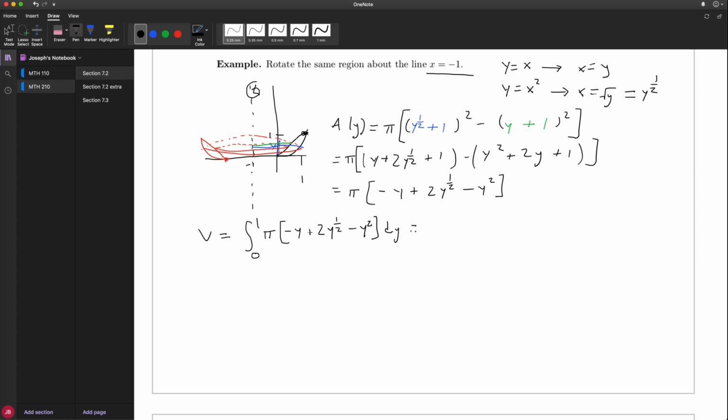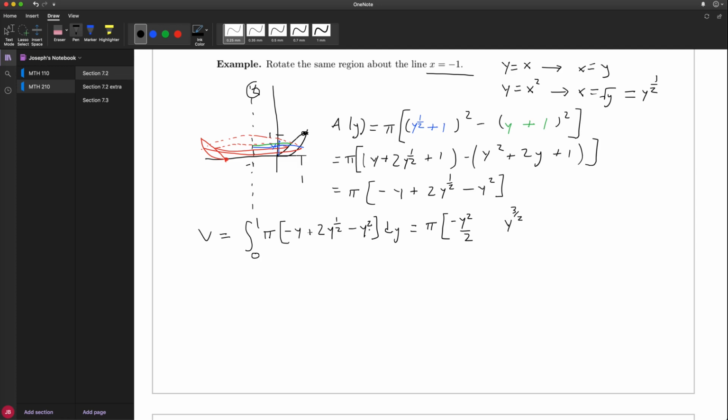The only tricky part about this antiderivative is that we need to increase the power, so the new power is y to the 3/2. Then we divide by 3/2, which is the same as multiplying by 2/3.